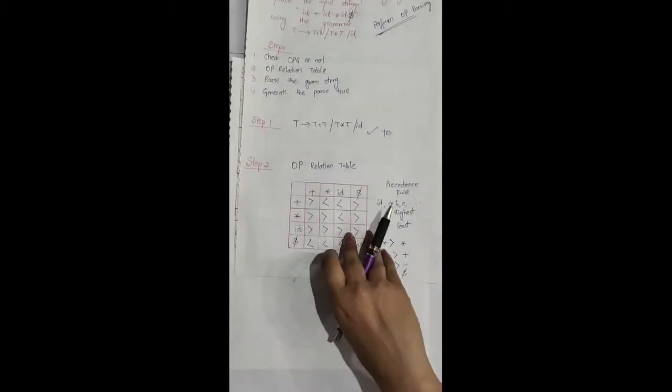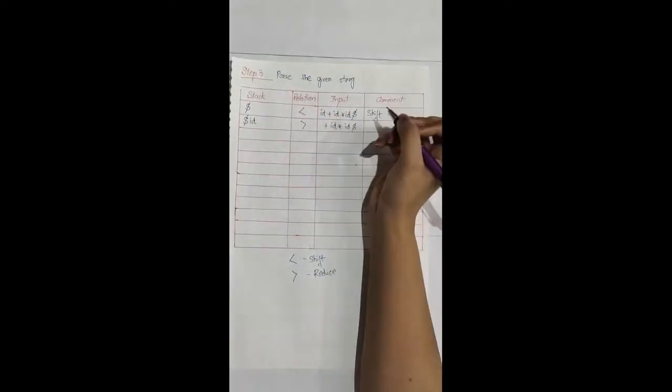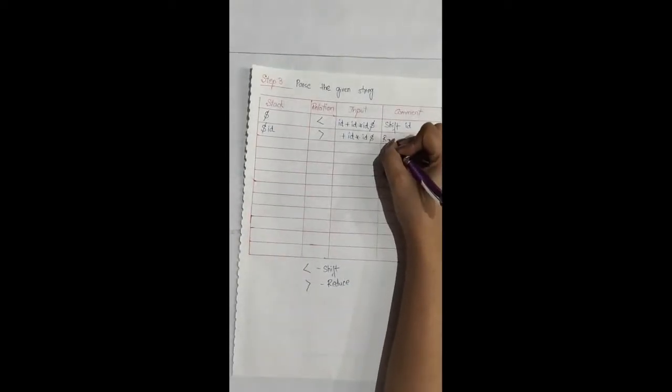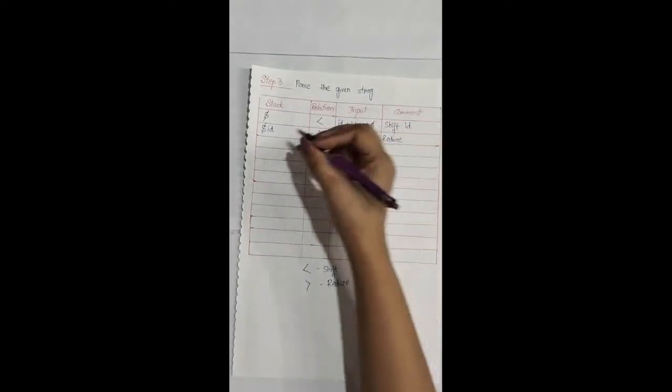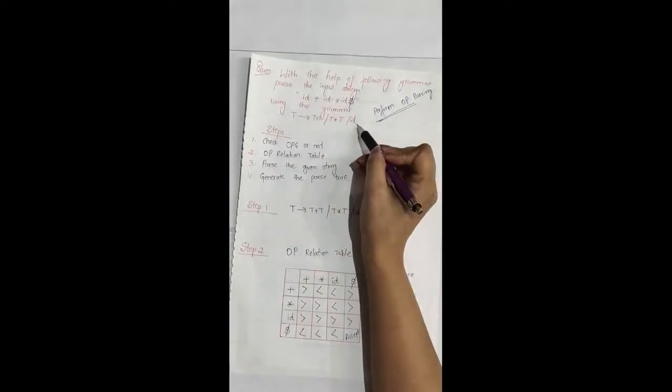This one. So we'll put a symbol like this, and we know that in this kind of symbol we have to perform reduce operation. So reduce, and what we have to reduce? We have to reduce this ID. Now let's check whether there is any production rule to reduce ID. Yes, we have T2 ID.